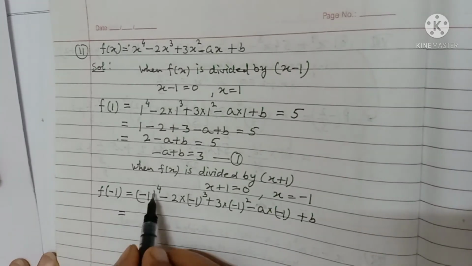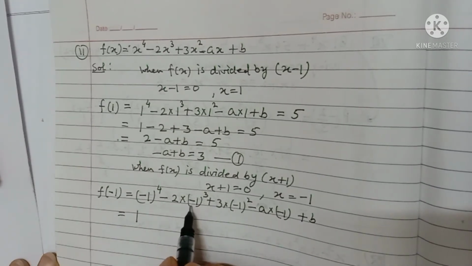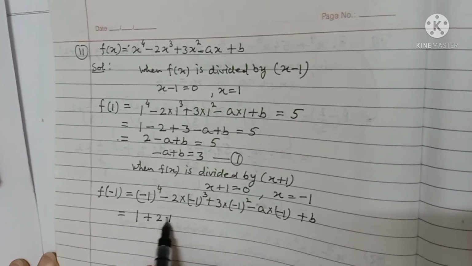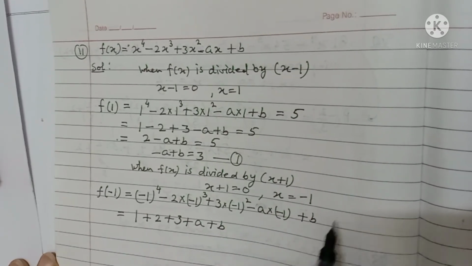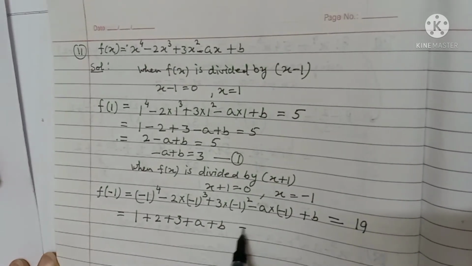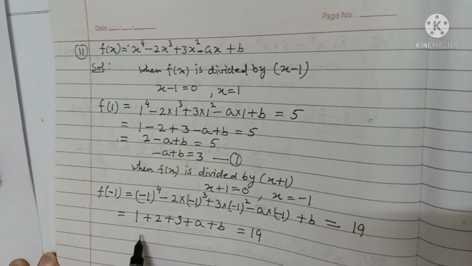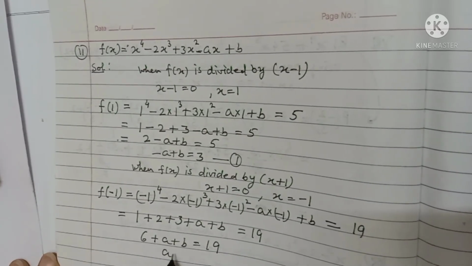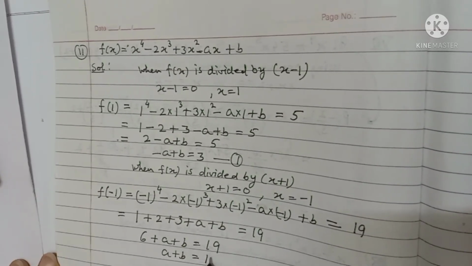Solve it. This is an even power, so this is 1, and an odd power, so you will get minus 1, minus minus plus 2, and here even power, so you will get plus 3, and here minus minus plus a plus b, and equate it to the remainder 19. 2 plus 1 is 3, plus 3 is 6, plus a plus b is equal to 19, or a plus b is equal to 19 minus 6, which is 13.